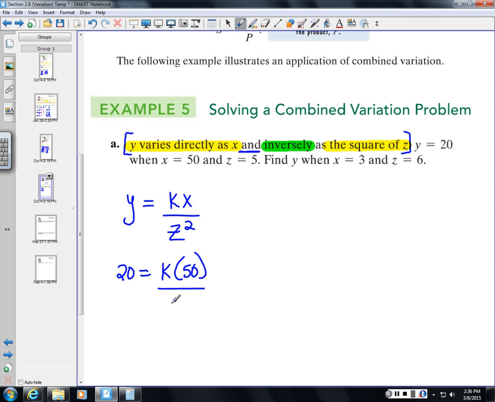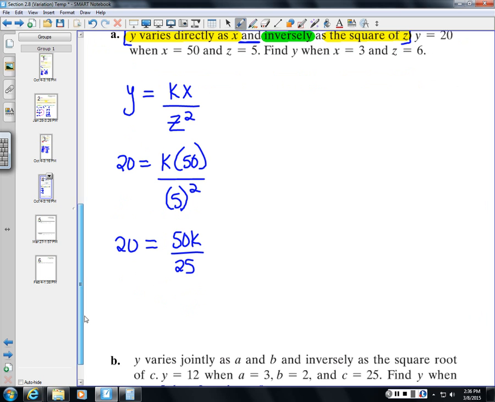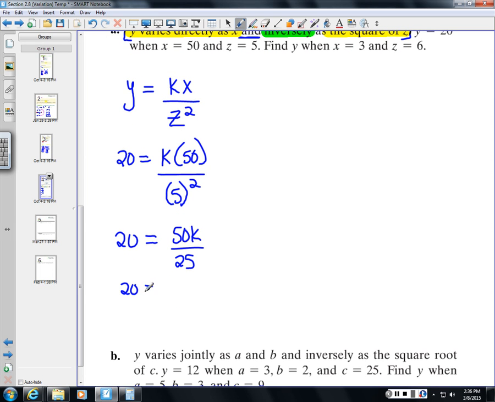And don't forget that that 5 is also squared. So do pay attention to that. Of course, here we get 20 equals 50K over 25 in my denominator, which gives me 20 equals 2K. Dividing both sides by 2, I get my K, which is 10.